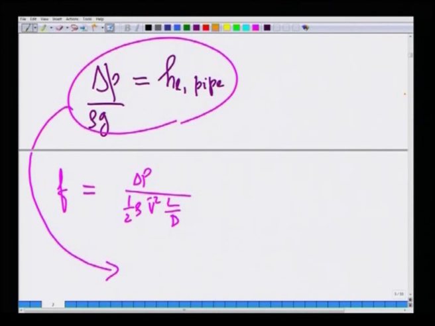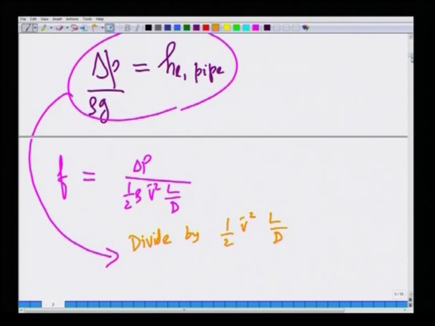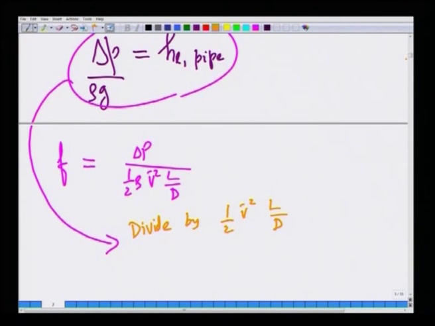Now, all I have to do is divide both sides by half V squared L by D, multiplied by g, so that I get friction factor.